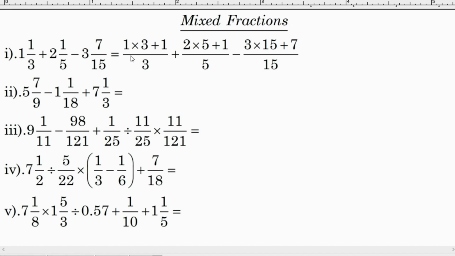Now we have turned the mixed fractions into normal fractions, so now we have to calculate.